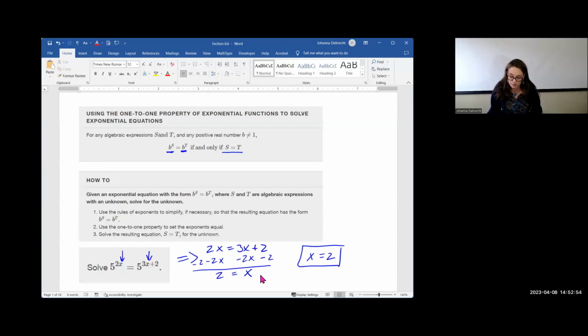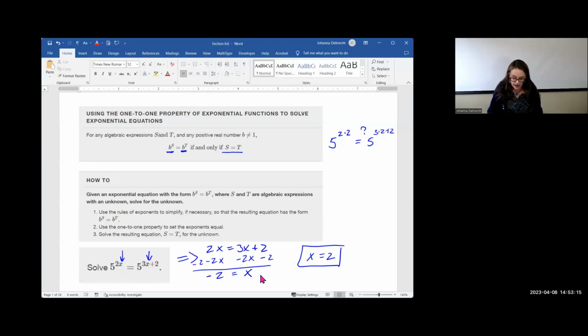I was checking my result and I was checking 5 to the 2 times 2 to see if that came out to be 5 to the 3 times 2 plus 2. They didn't come out the same. So I knew I had a mistake. So I went back and checked my work and saw that I had added 2 instead of subtracting it.